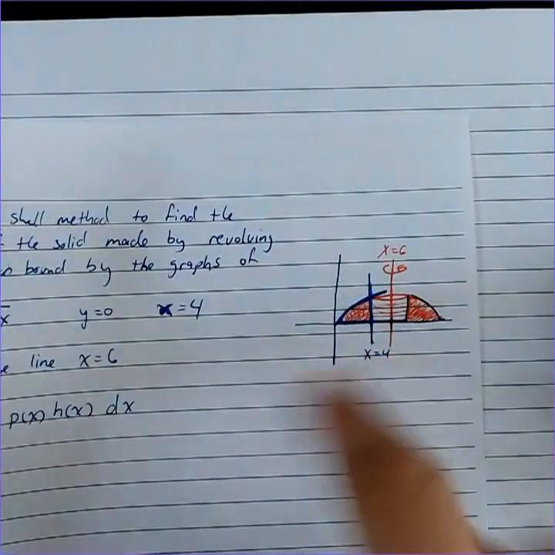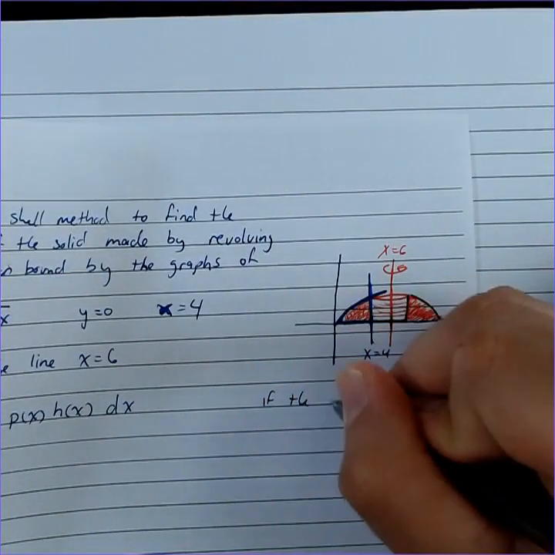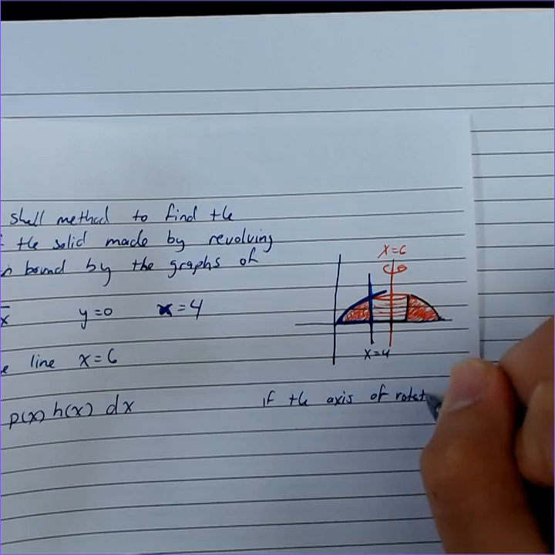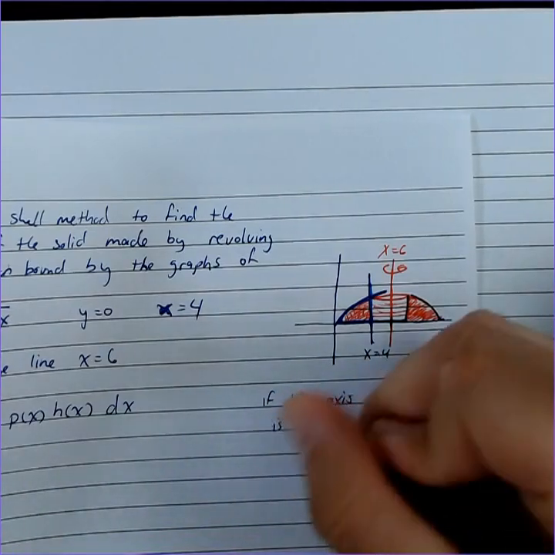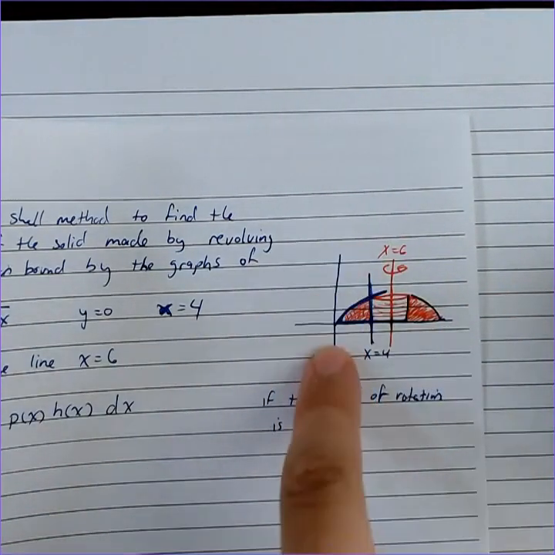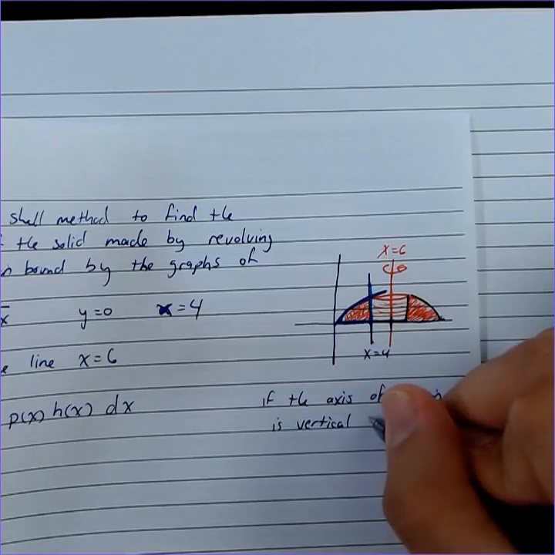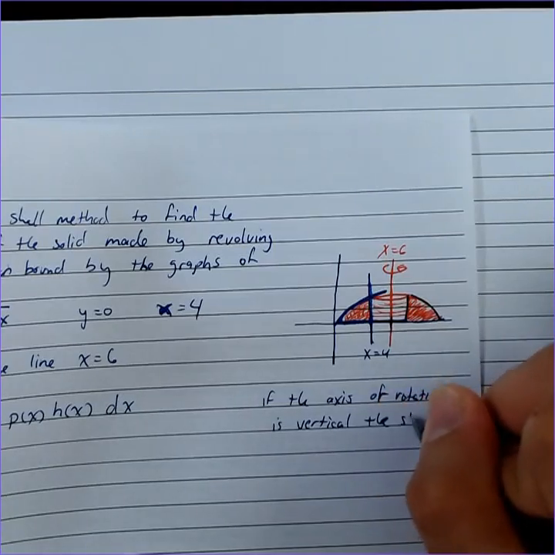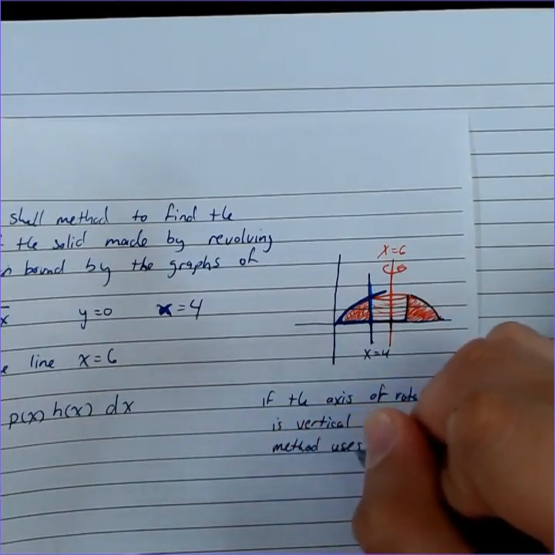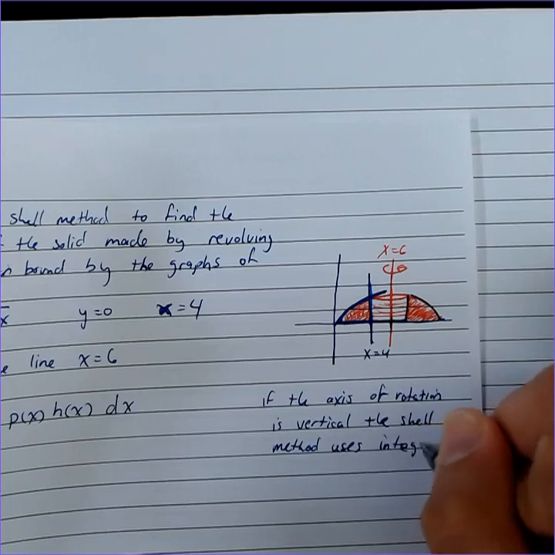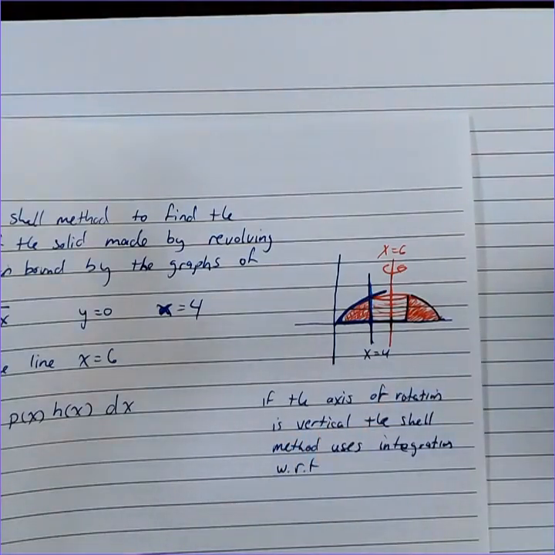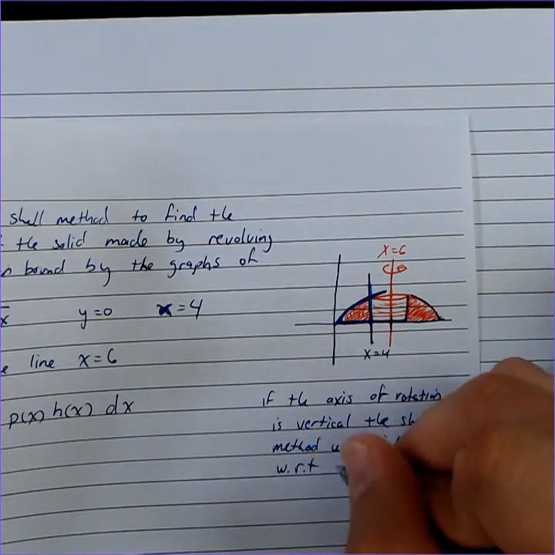In summary, if the axis of rotation is vertical, straight up and down, whether it be the y-axis or somewhere else, the shell method uses integration with respect to the x variable, with respect to x.